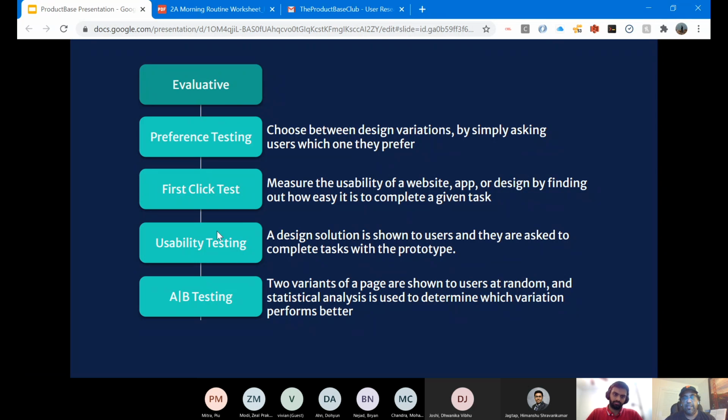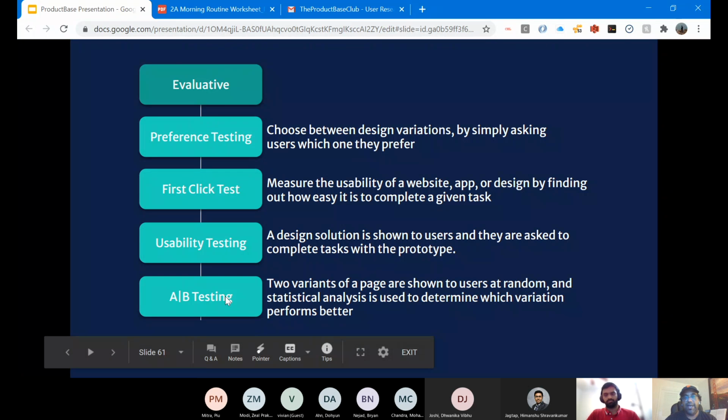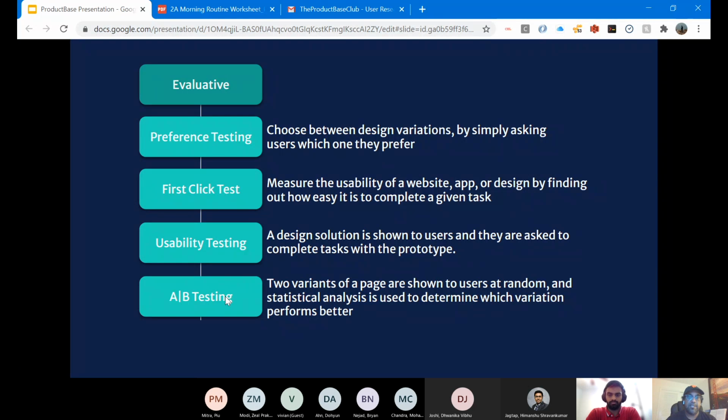They're also doing first click and usability tests. Only once they've received the right version, the ones which meet the persona's needs, do they actually push it live. But once you're live, you're still testing incremental changes here and there, like button sizes.